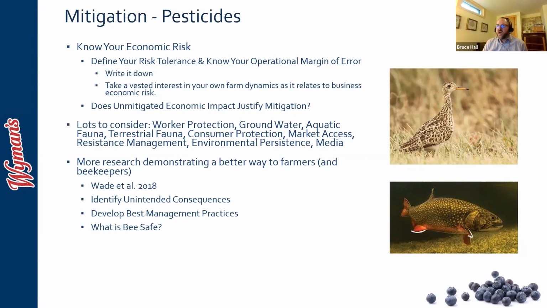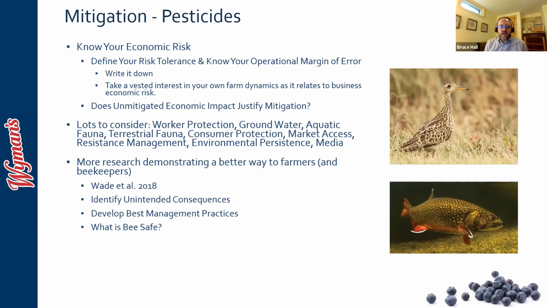Once you define that tolerance, what your risk tolerance is and your margin of errors, you then can ask yourself, does the unmitigated economic impact justify mitigation in this case? And I cannot stress enough how much there is to consider. It's dizzying at times.